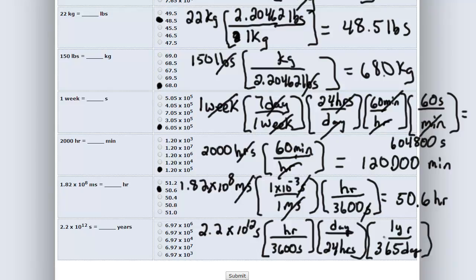Okay, and so hey, we're done. So just multiply. Seconds drop out, hours drop out, days drop out, and we get years. So 2.2 times 10 to the 12, divided by 3,600, divided by 24, and divided by 365.